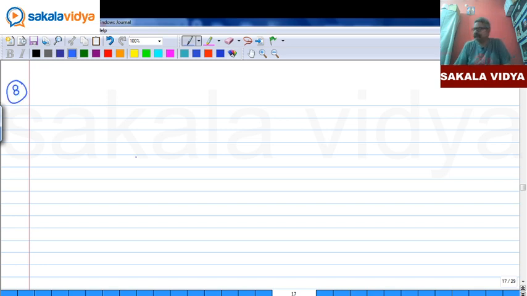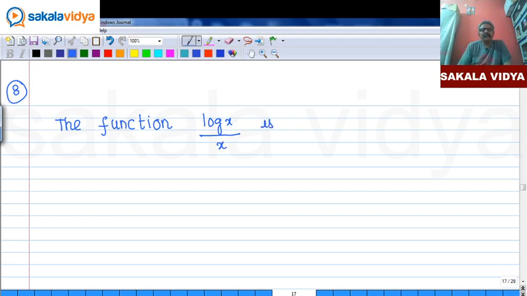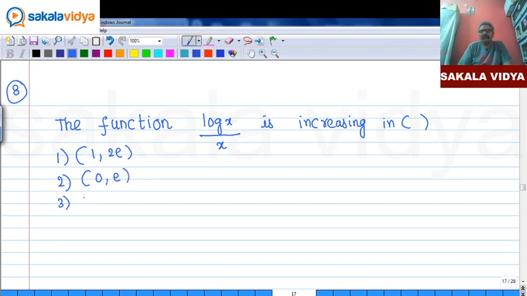Eighth question. The function log x by x is increasing in: first option 1 comma 2e, second option 0 comma e, where e is the Napier's base approximately equal to 2.618, third option 0 comma pi by 2, fourth option is minus pi by 2 comma pi by 2.